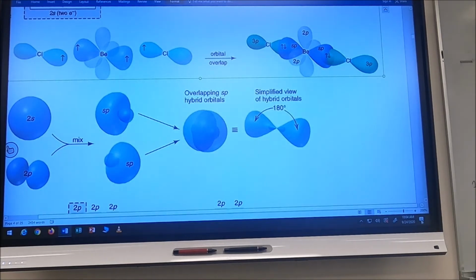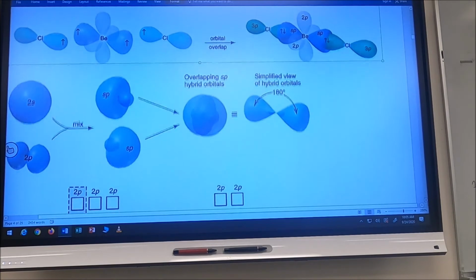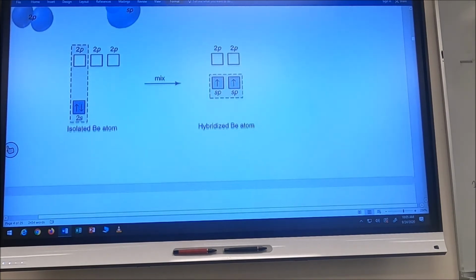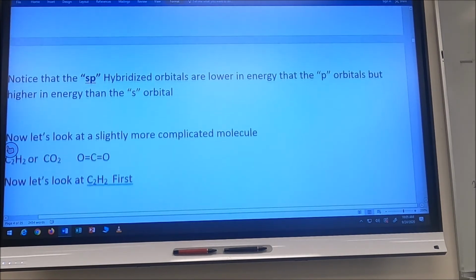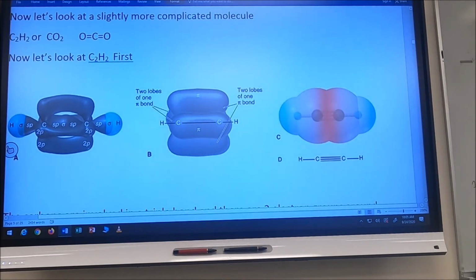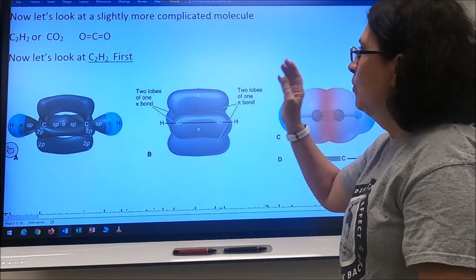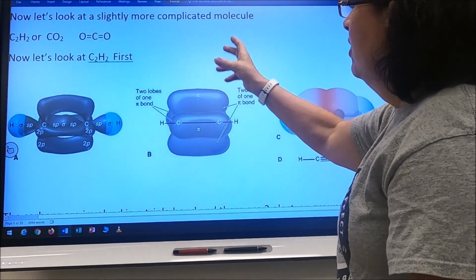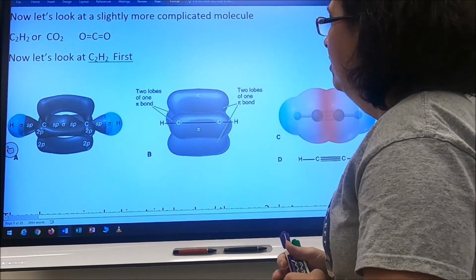Now, if we go to carbon dioxide, okay, the central carbon has two electron groups around it, and they're double bonds.